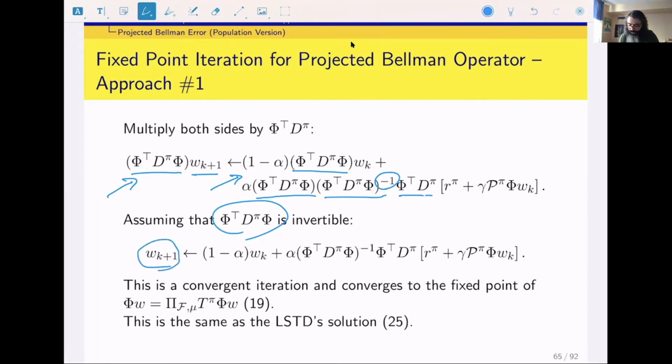So wk plus 1 can be written as 1 minus alpha wk plus alpha times phi transpose d phi inverse phi transpose d times the Bellman operator applied to phi wk. This is a convergent iteration and converges to the fixed point of the projected Bellman operator. So this would be the same solution as LSTD, but LSTD tried to find it directly by solving a matrix inverse. This is an iterative approach.